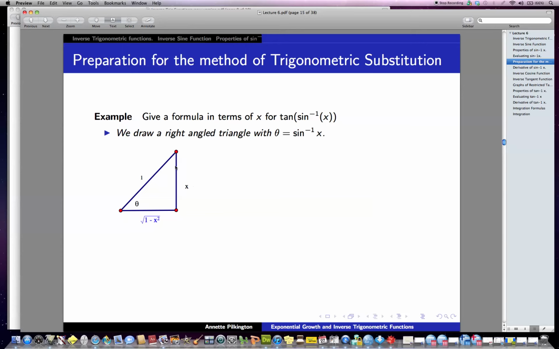So we make the length of the opposite side x, and then the hypotenuse has to be 1 if theta is sine inverse of x. By Pythagoras' theorem, the third side equals the square root of 1 minus x squared. Now tangent of sine inverse of x is just tangent of theta, which is the opposite over the adjacent. And that gives us a formula for tangent of sine inverse of x in terms of x.